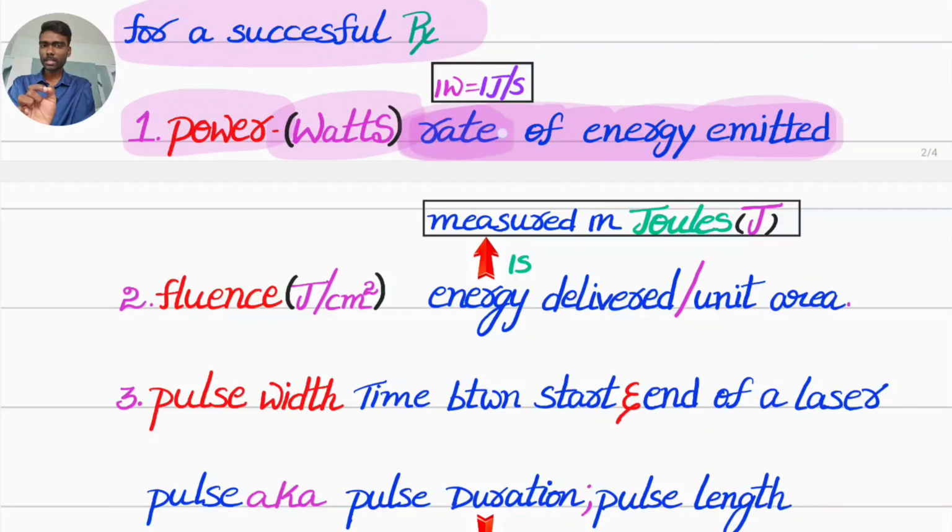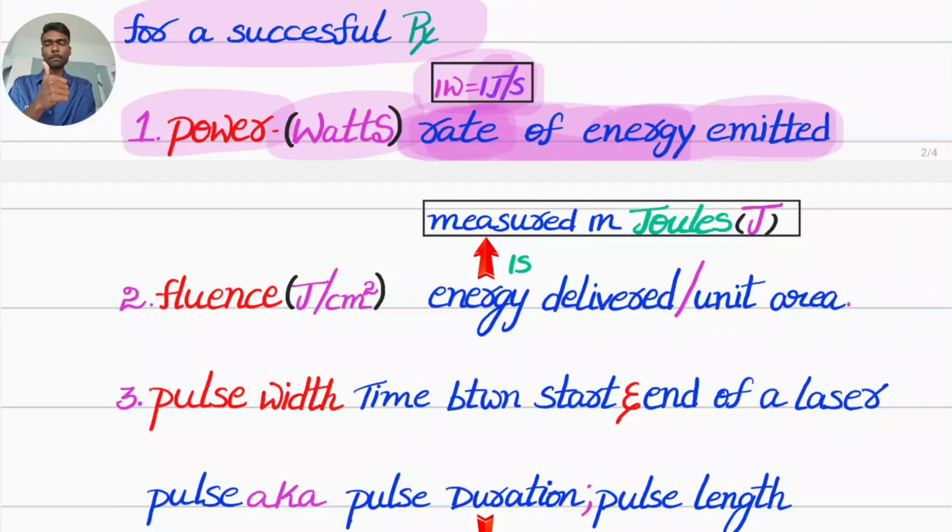Rate represents time: the rate of energy emitted per unit time, which is the second. Energy is measured in joules. What is power? Watts. What is 1 watt? It is equal to 1 joule per second. Everyone must have heard of a 100 watt bulb, a 200 watt bulb. That represents the power of that bulb.